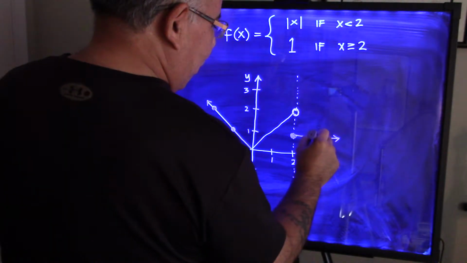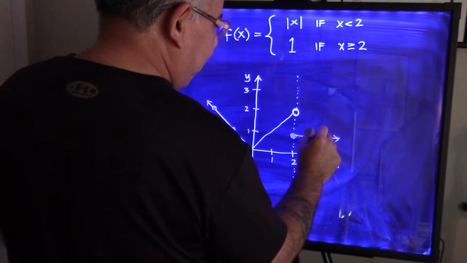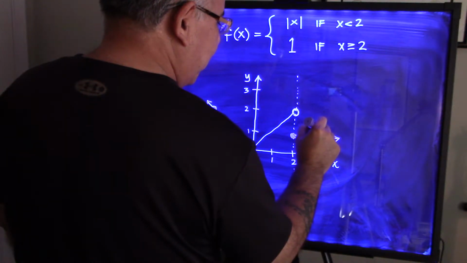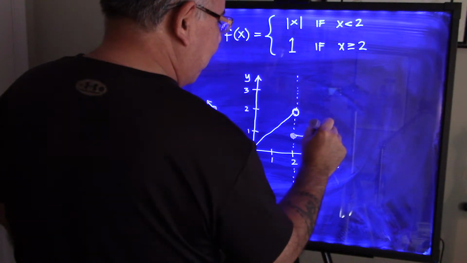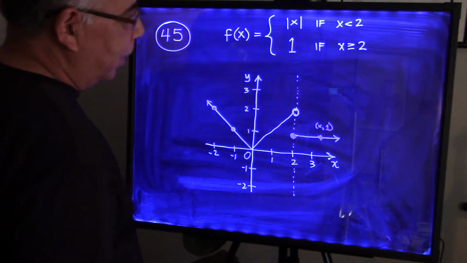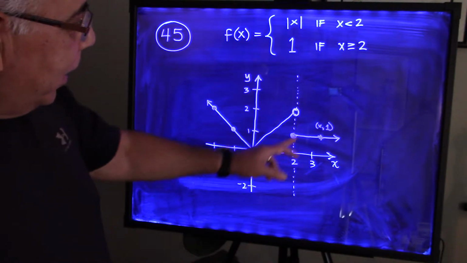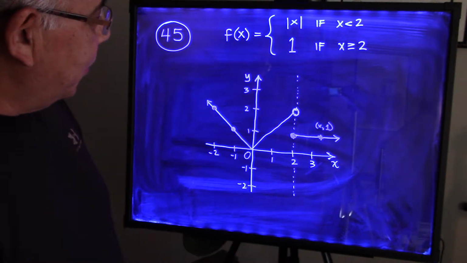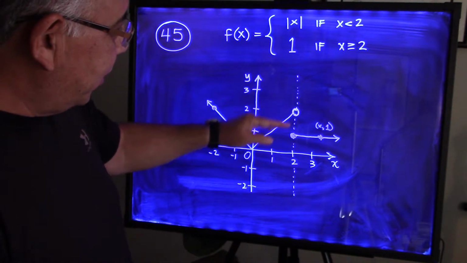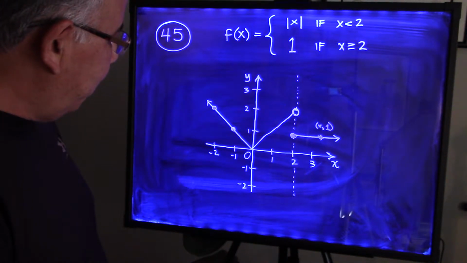So for any point on this part of the graph, let's say right there, any point whatsoever will have the coordinates x, whatever x is, and y equals 1. Okay? No matter what x is, as long as it's greater than or equal to 2. Okay? So the y equals 1 is just a horizontal line.